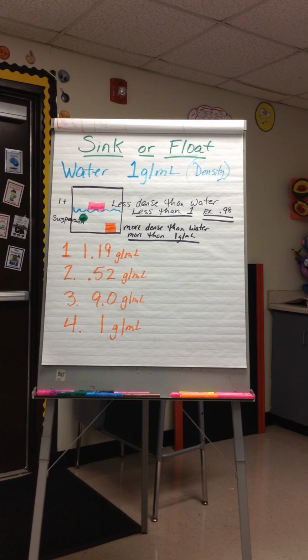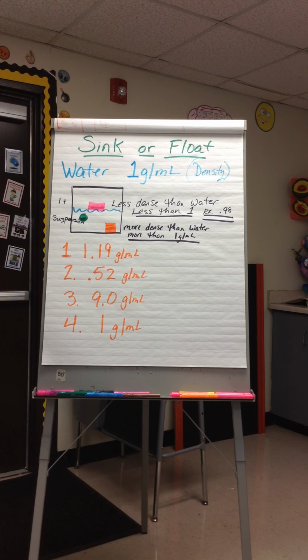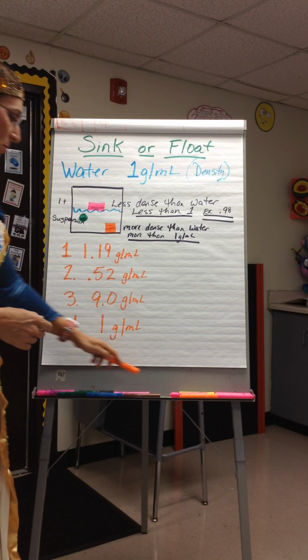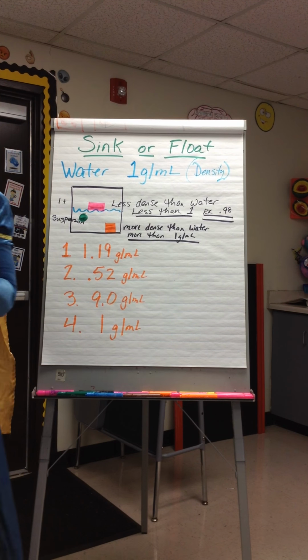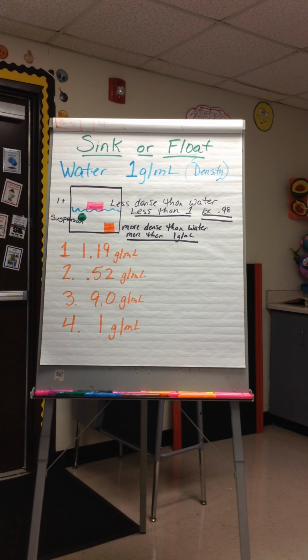Okay, do you have them written down? 1.19 grams per milliliter, 0.52 grams per milliliter, 9.0 grams per milliliter, and 1 gram per milliliter. This is for sink or float. So this is what you're going to do next after your density lab that we checked today.